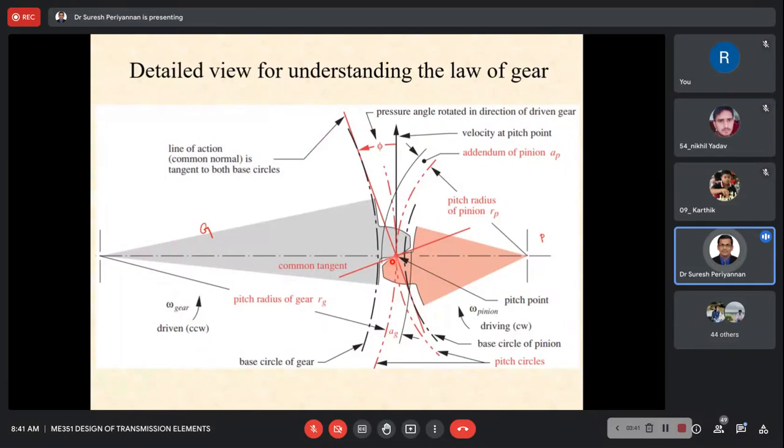Now, the angle between our common normal and this line, which is nothing but the velocity at the pitch point.